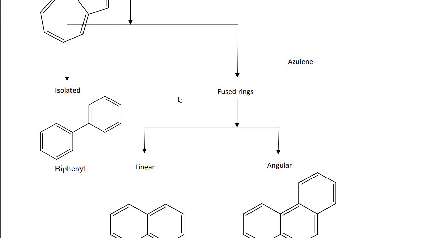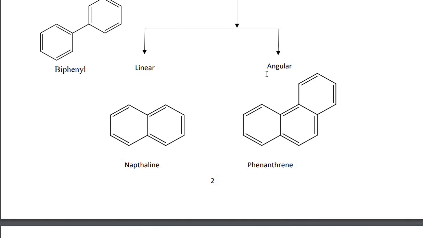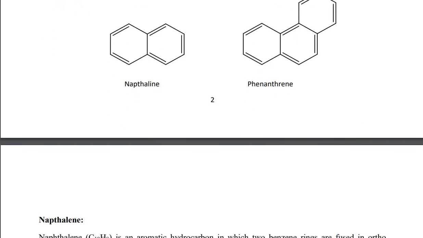There are two types of benzenoid. One is the fused ring, another is isolated. This is biphenyl, and this is the linear, and this is the angular combination. An example of angular combination is phenanthrene, and examples of linear combination are naphthalene and anthracene.